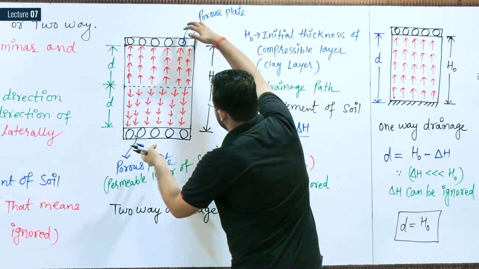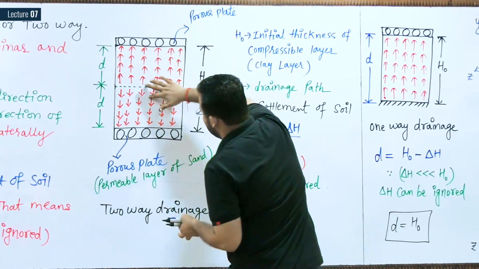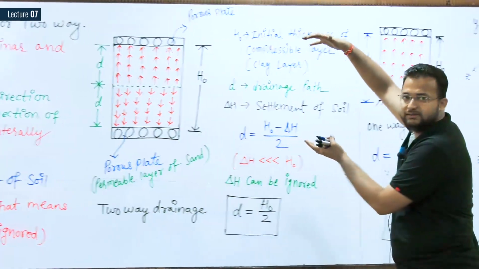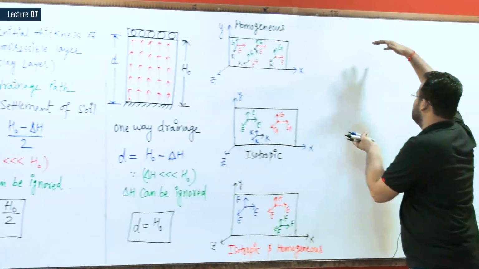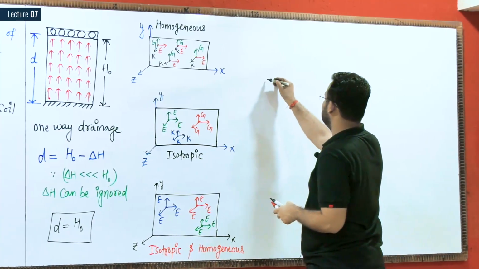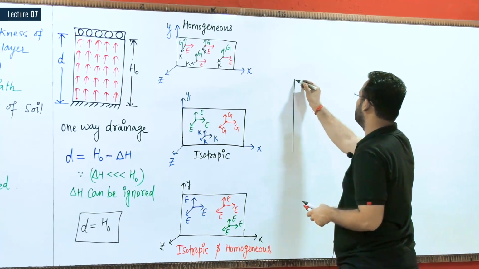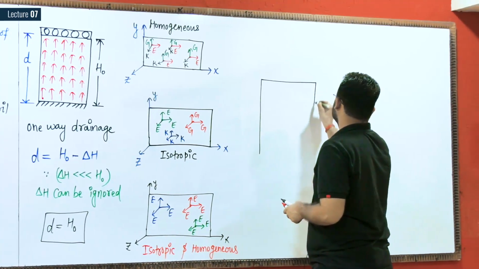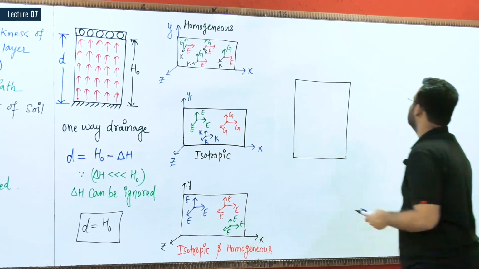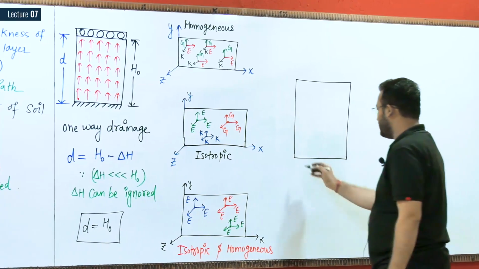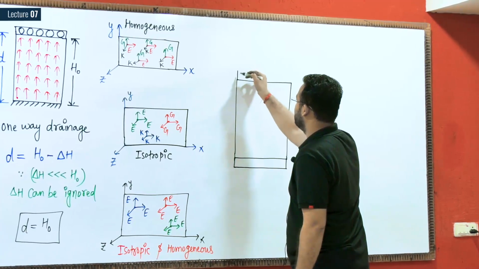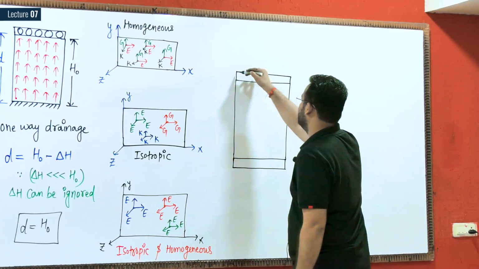Now let me take, suppose we are performing two-way drainage in our laboratory. I am taking this system and plotting the same system again here, something like this. Here we have one porous plate.